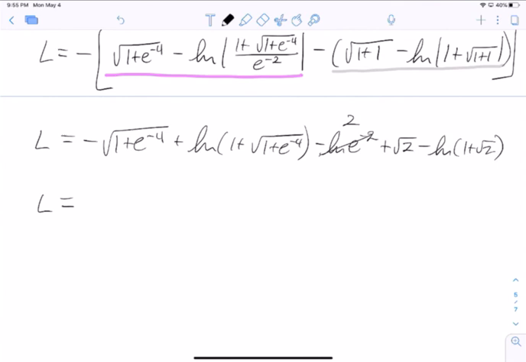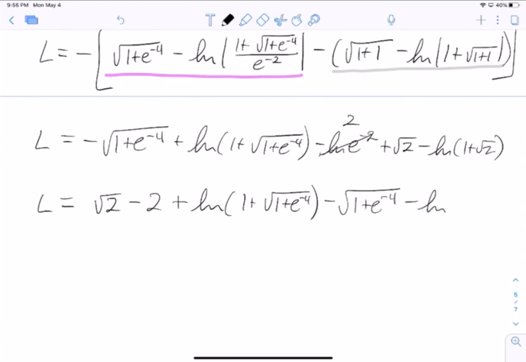So looks like we've got the square root of 2 minus 2 plus the natural log of 1 plus the square root of 1 plus e to the negative 4 minus the square root of 1 plus e to the negative 4 minus the natural log of 1 plus the square root of 2. Now if you really wanted, you could combine these logs into a single quotient. I'm not going to bother. This is our final answer.